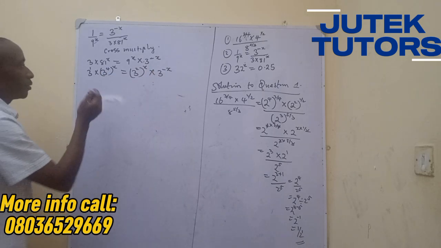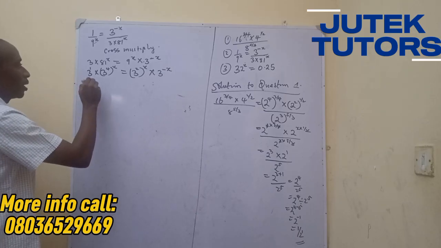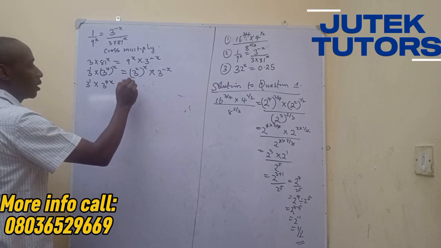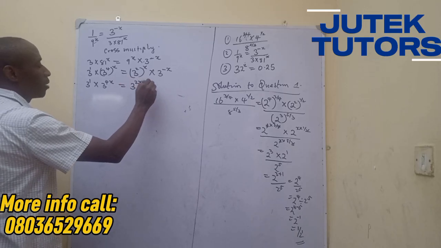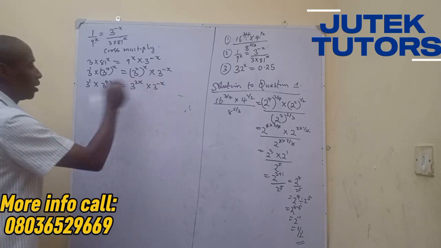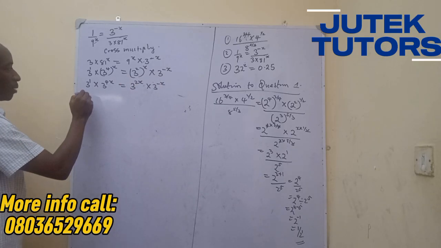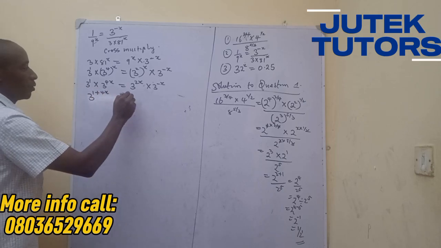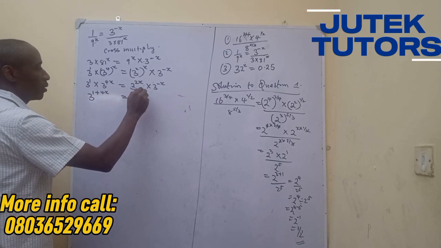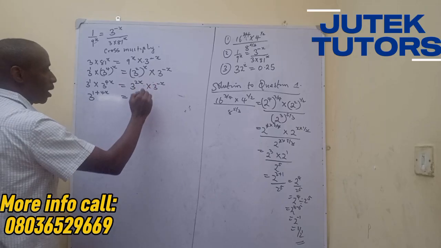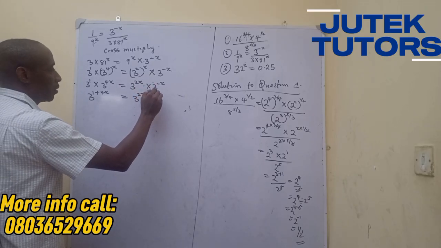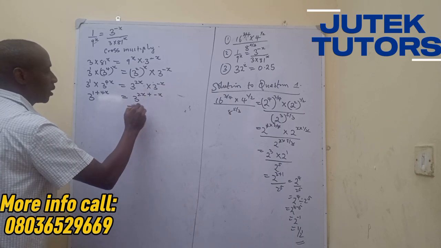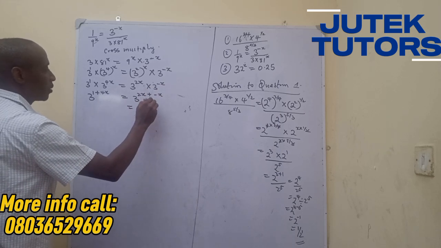Since they have the same base, we have 3 raised to power 1 plus 4x equals 3 raised to power 2x multiplied by 3 raised to minus x. Using the same base, we add the powers: 3 raised to power 2x plus minus x, which gives us 3 raised to the power 2x minus x.